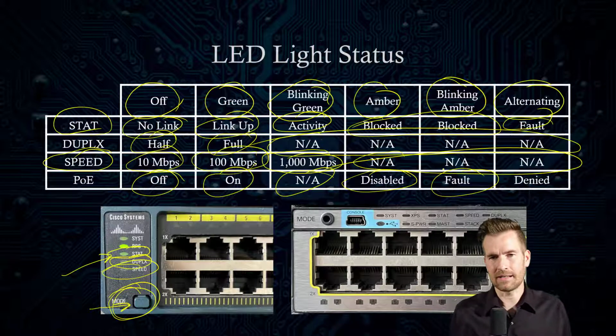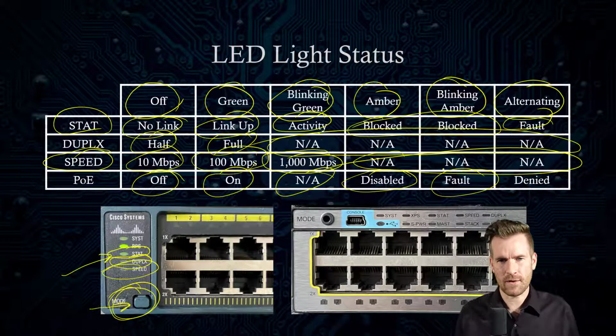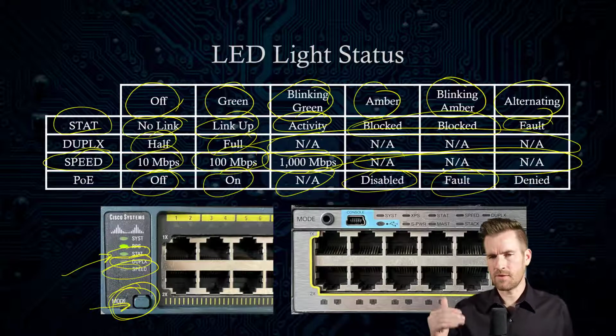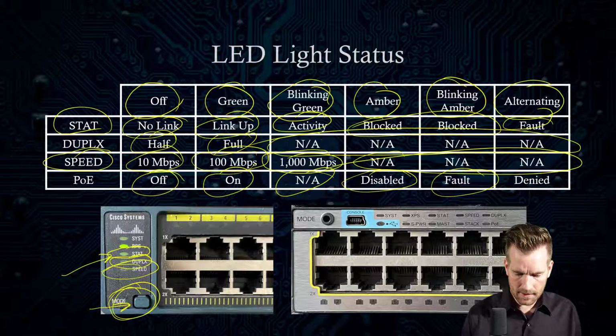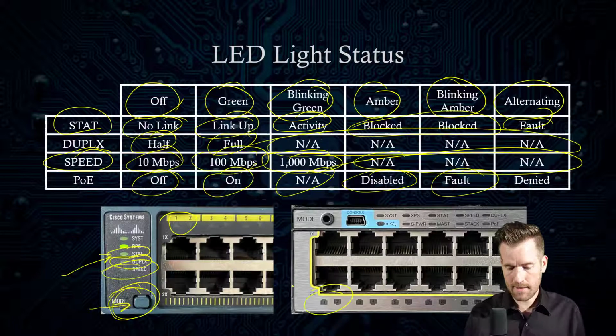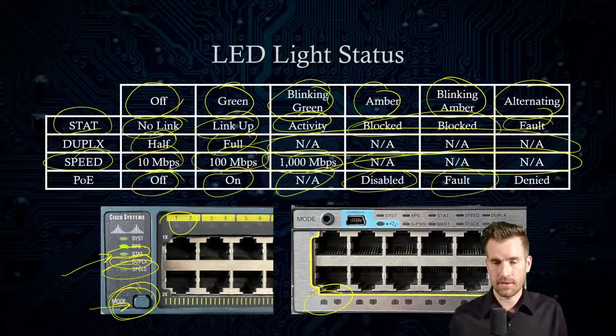And then alternating just means it's denied. We'll talk more about PoE later on, but just know that you've got these different settings as you press the mode button, and then the port indicators at the top of the 2960, it's the bottom of the 3750, will change and flag different things that are happening on that port.